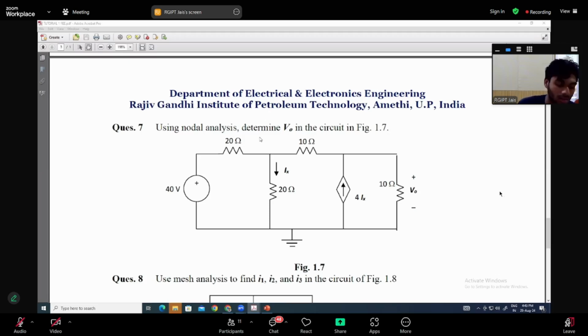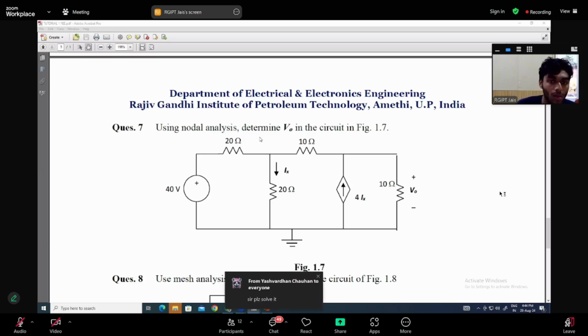What about others? Yeshwardhan, should I solve this or no? Okay, I will solve.